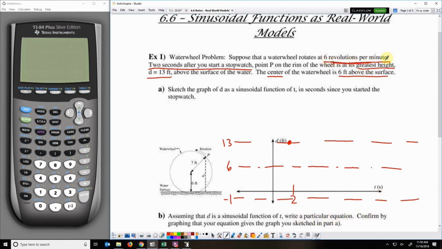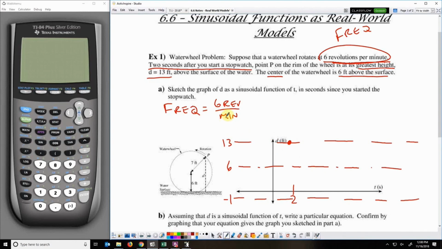6 revolutions per minute, that is the frequency. And the frequency is the reciprocal of the period. So the frequency is 6 revolutions per minute. Okay, so we need to turn that into per second because we're in seconds here.